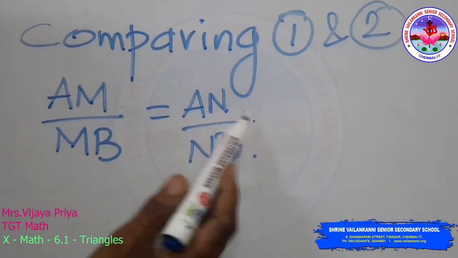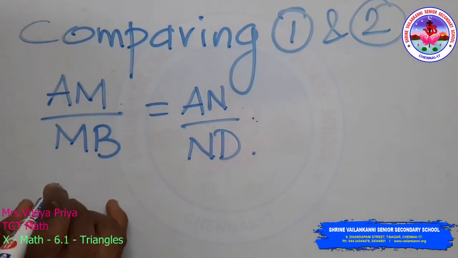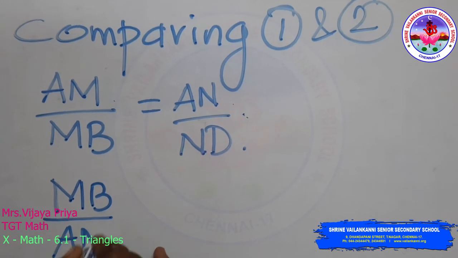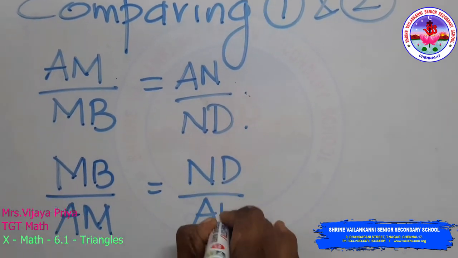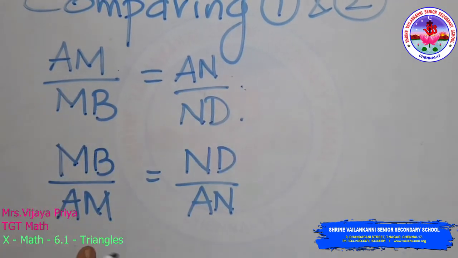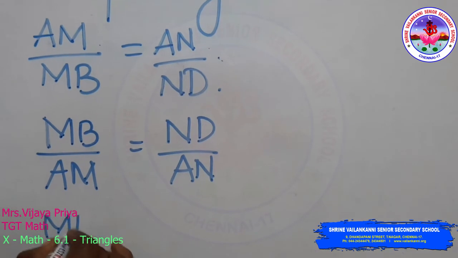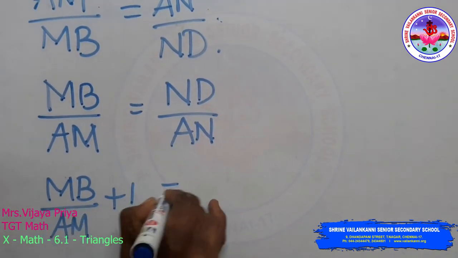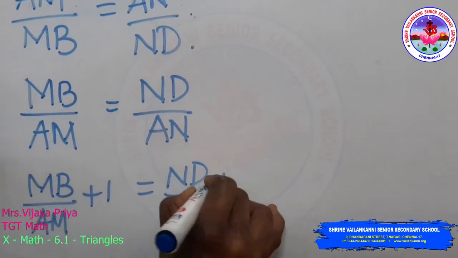Before adding, I should take the reciprocal of this ratio, where I will get MB by AM is equal to ND by AN. I am reciprocating these ratios. Now adding 1 on both sides, MB by AM plus 1 is equal to ND by AN plus 1.